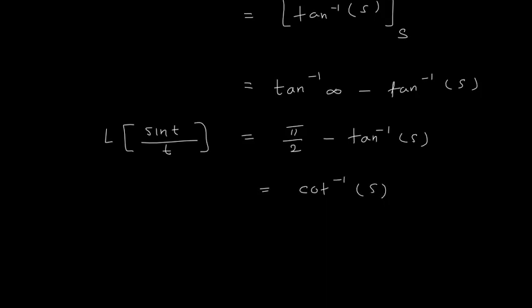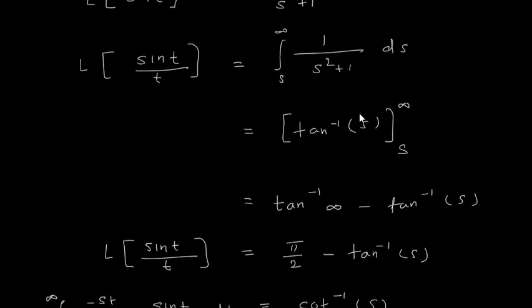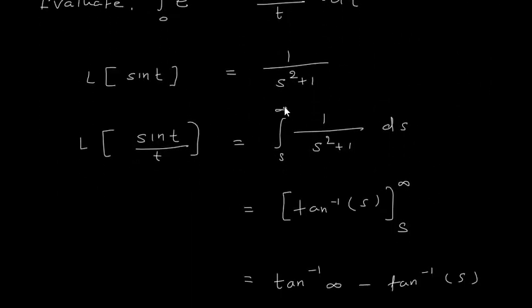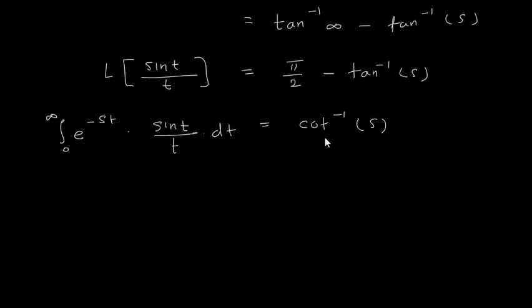And this Laplace of sin t / t is the integral from 0 to infinity of e^(-st) f(t) dt, which in our case is sin t / t. Now we have to find the value of the integral of e^(-t) sin t / t dt. So here in place of s I have to put 1.